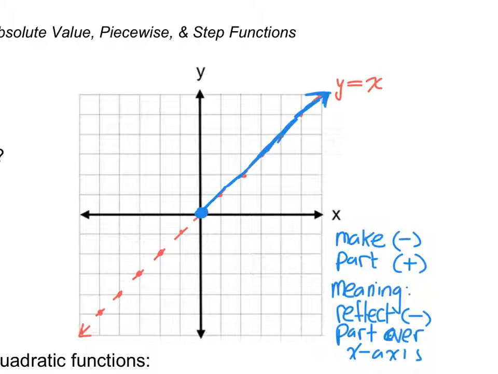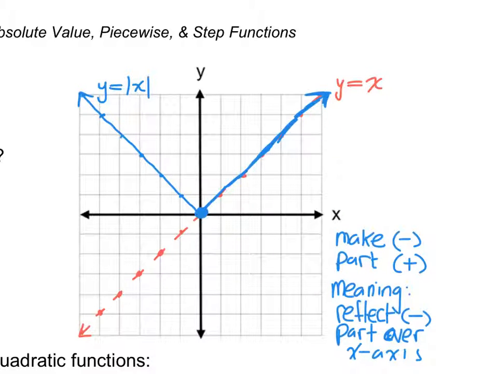Count how many boxes it is away from the x-axis, and go that number of units in the opposite direction. So I'll have a point here, here, here, here, here, here. That is your graph of y equals the absolute value of x.